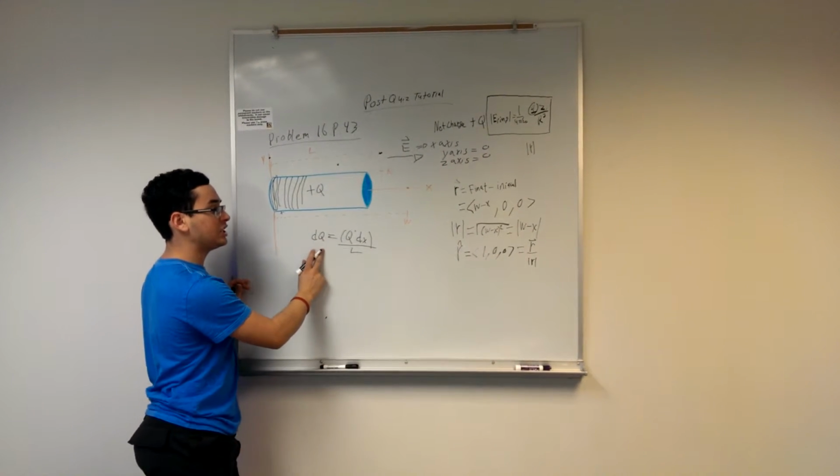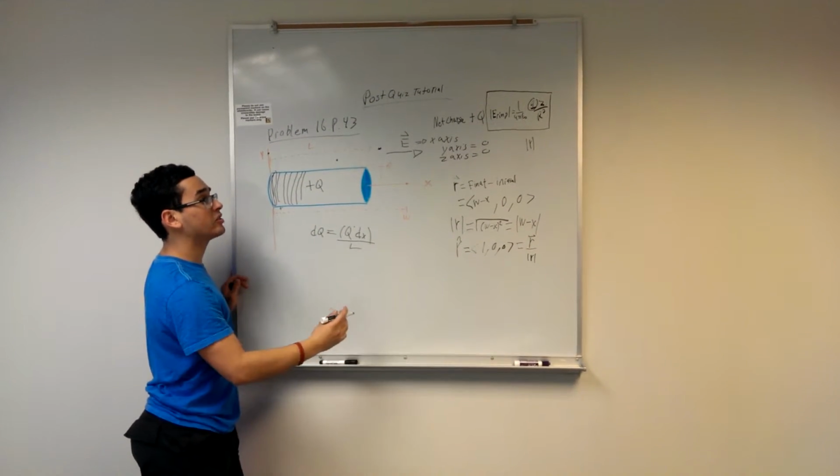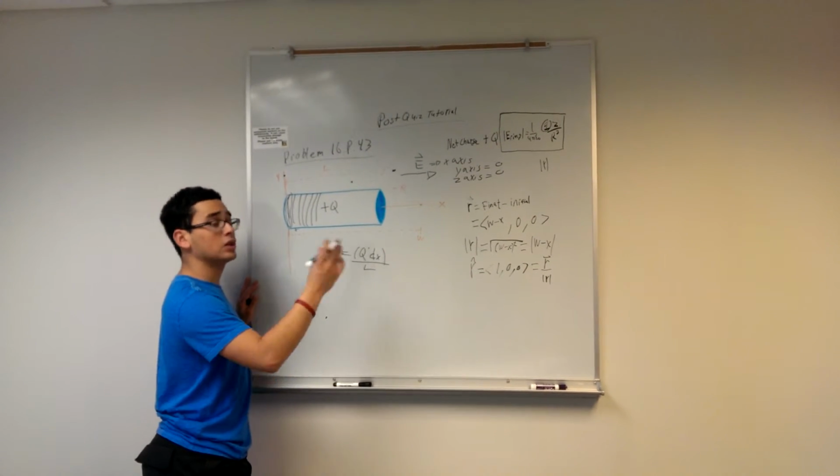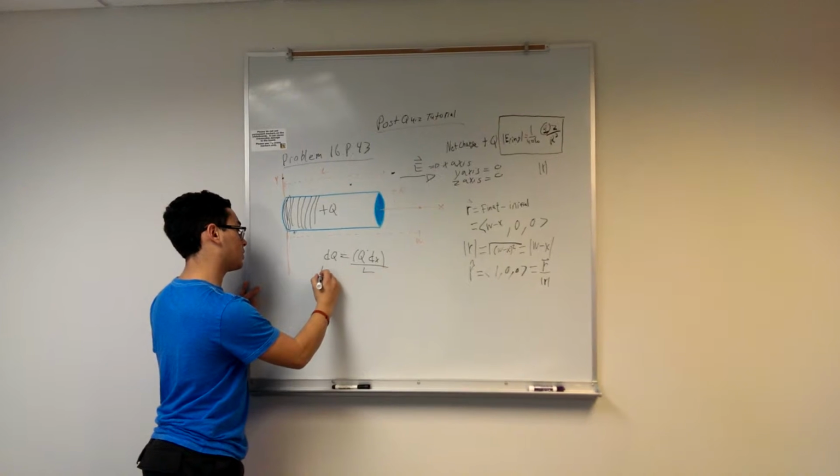So now that we have our dq and we have our r mag, we can find our dE, the electric field of that specific portion of the cylinder.